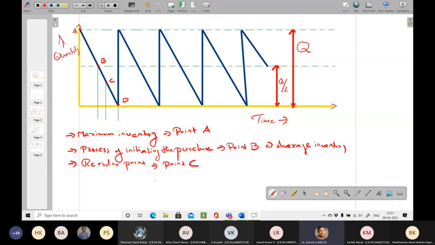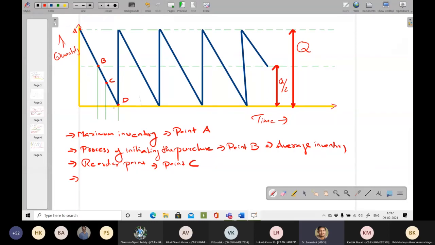And at point D, what happens? At point D, the item will be back into your stock. The D point will be fixed based on our condition of safety stock. Though I touched it down to zero, you have to always keep in mind to keep the safety stock.